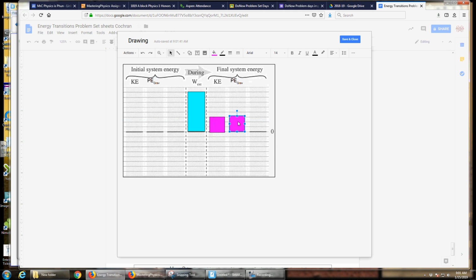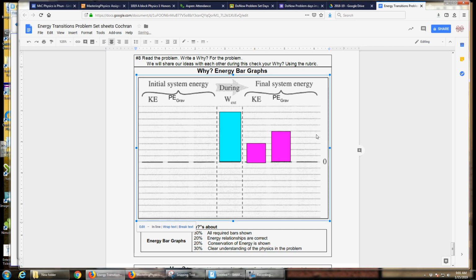And then I'm going to give it some potential energy, and I'm purposely not making those the same, just so that somebody won't say, "What? Do they have to be identical?" Because they don't have to. They can be any ratio. I don't know what the ratio is between them, but I know they have to add up to the work. So that's what I would have for my Y. Good? Good. All right.